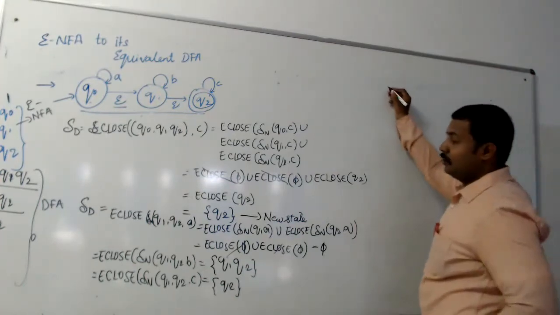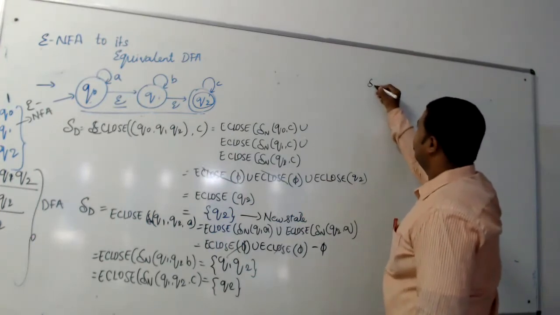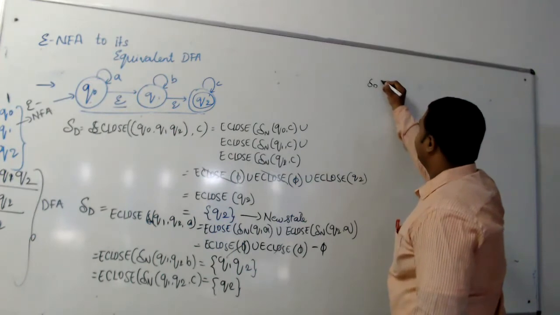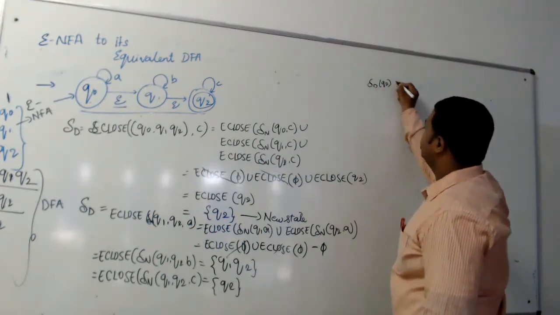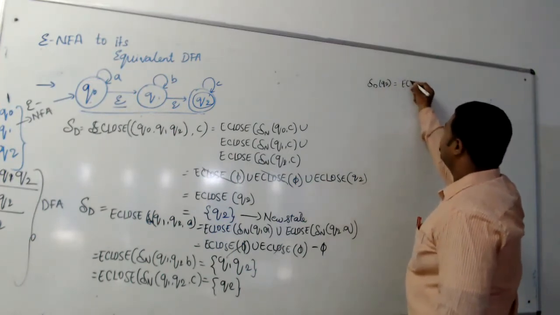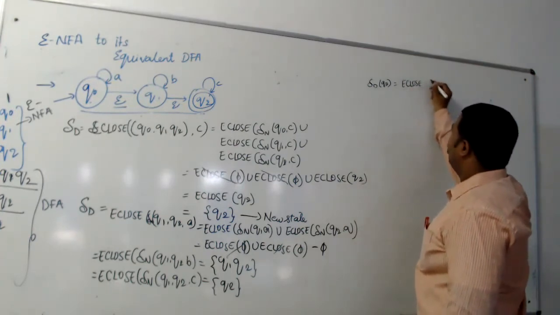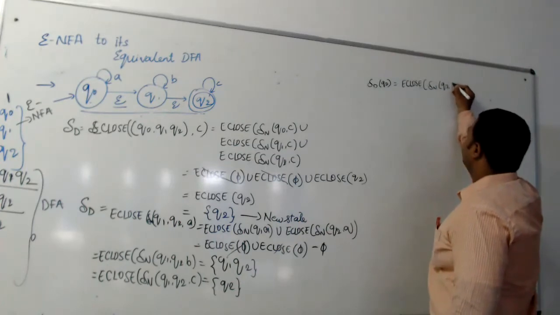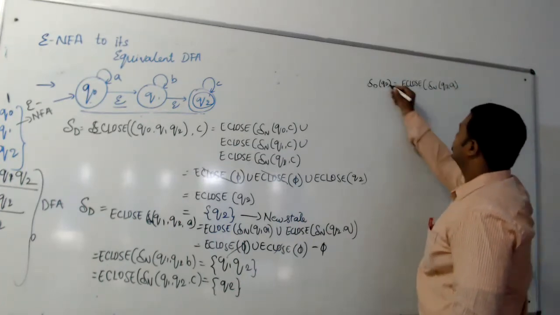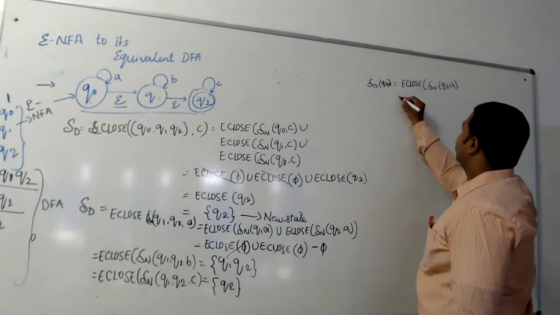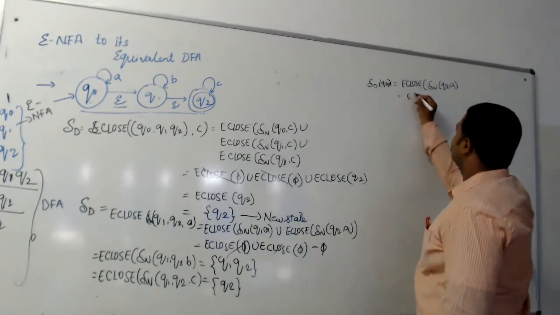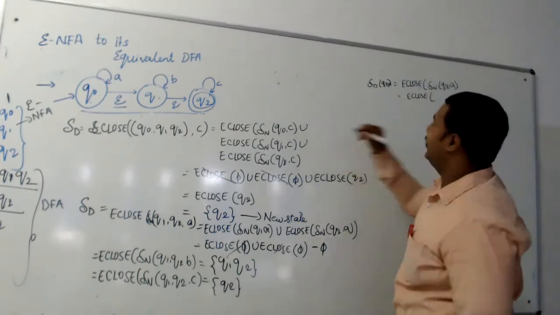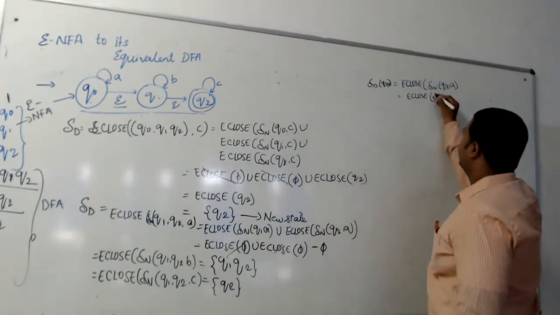Q2, that is transition of NFA on Q2 is equal to E-closure of transition of NFA Q2 on A. Q2 on A equals E-closure of Q2 on A is phi.